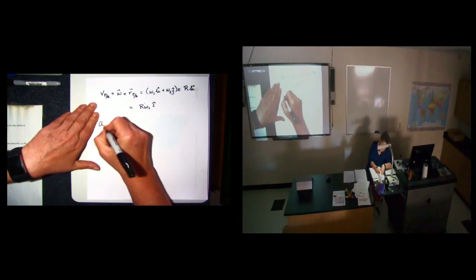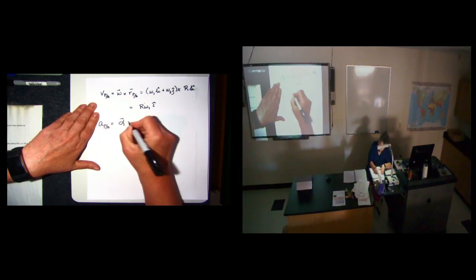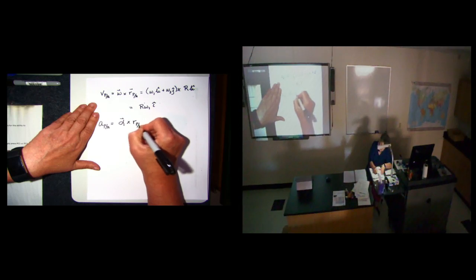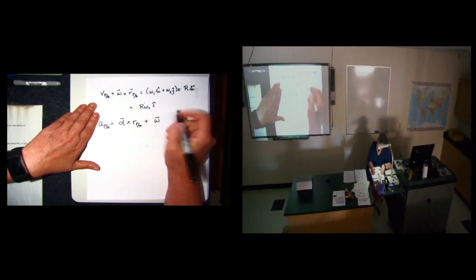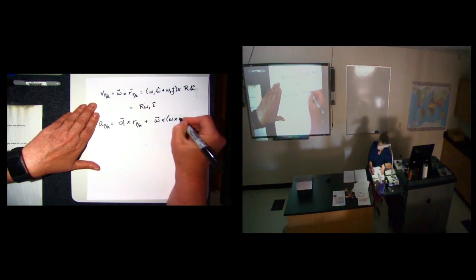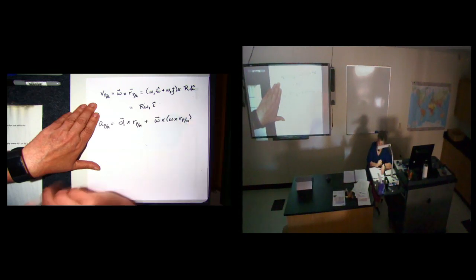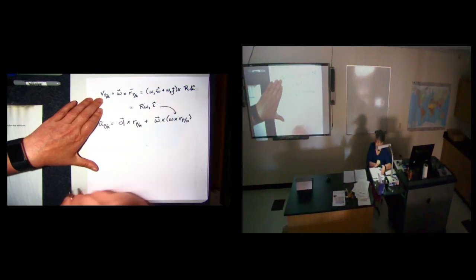I'm going to do the same thing for my acceleration. Now we've already done this one, so that plops in there.